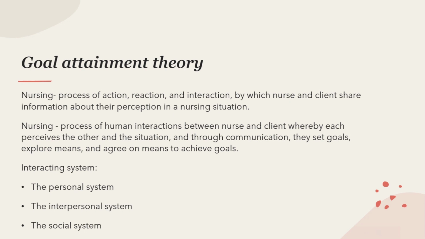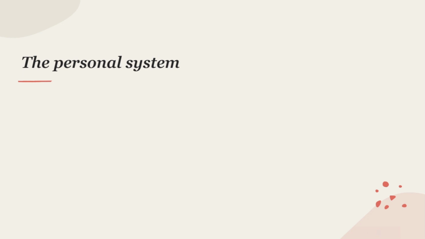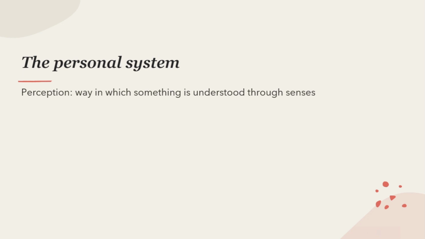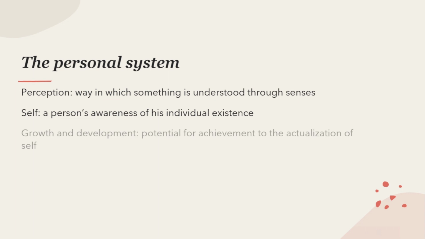In the personal system, we have the following concepts. First one is perception. It is the way in which something is understood through the senses. Self is the composite of thoughts and feelings which constitutes a person's awareness of his individual existence, his conception of who and what he is. Growth and development is the process through which people move from a potential for achievement to the actualization of self.